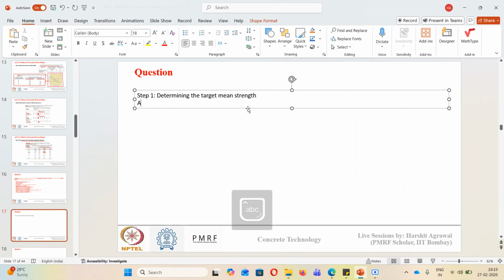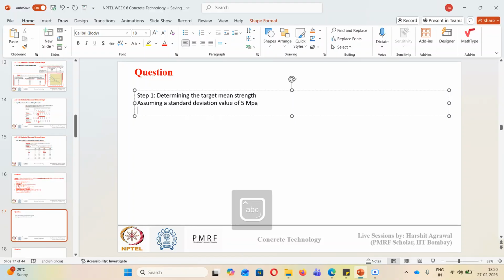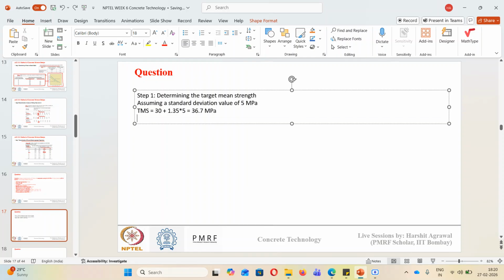So suppose I am assuming a standard deviation value of 5 MPa. My target mean strength will be characteristic compressive strength plus 1.35 times standard deviation, so it will come out to be 36.7 MPa. This is the strength that I am targeting.